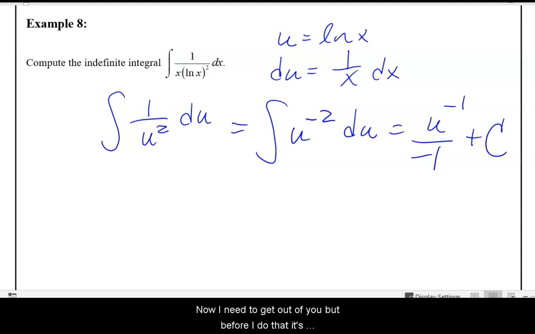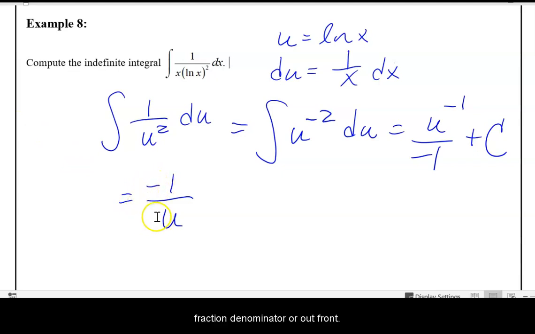Now I need to get out of u, but before I do that, it's probably easiest to go ahead and rewrite it in a better form. The negative is a floater and can go anywhere: top of the fraction, denominator, or out front. u to the negative 1 becomes u to the first power in the denominator. And then, of course, I still have plus c.